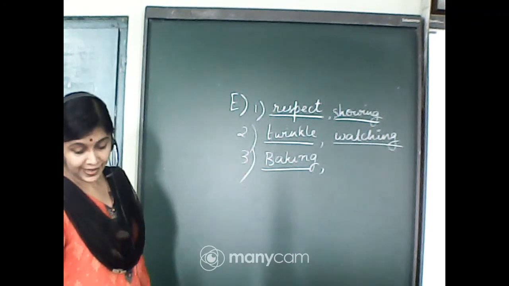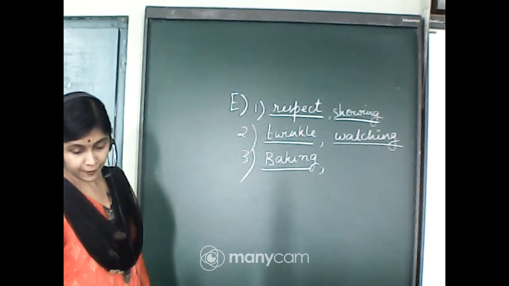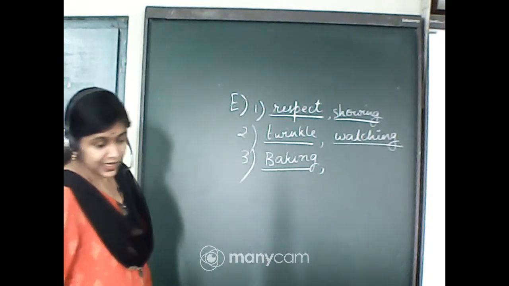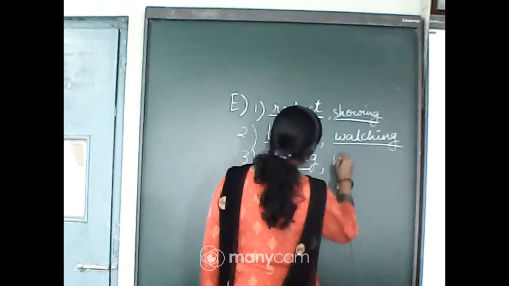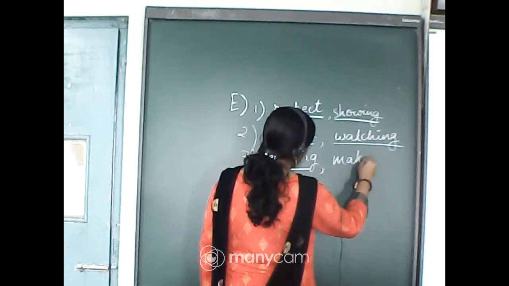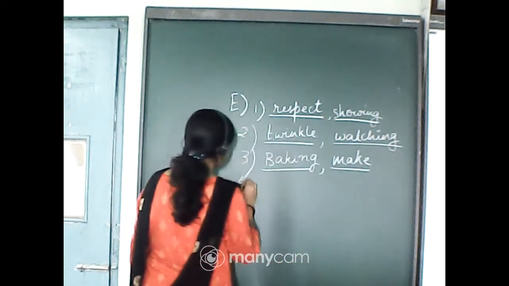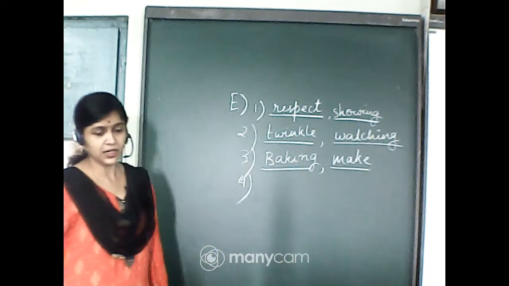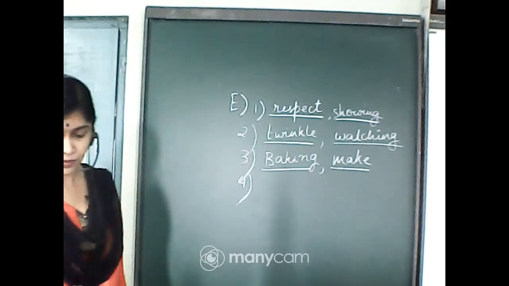Baking cakes takes time, but I make them every Sunday. Anyway, if it is given in your book, you have to write it. It is not present continuous, but it's a non-finite verb.